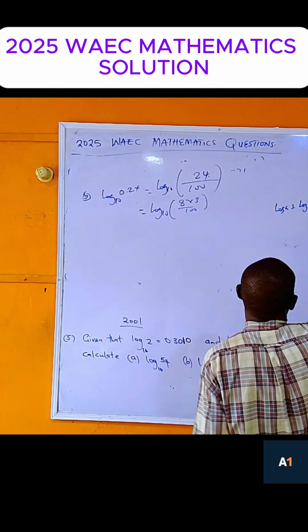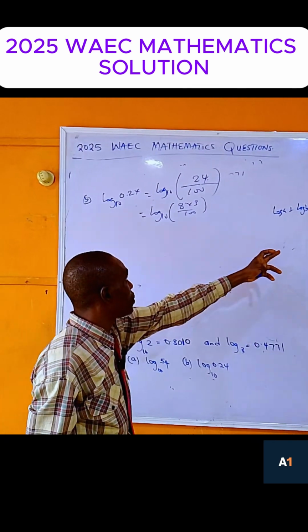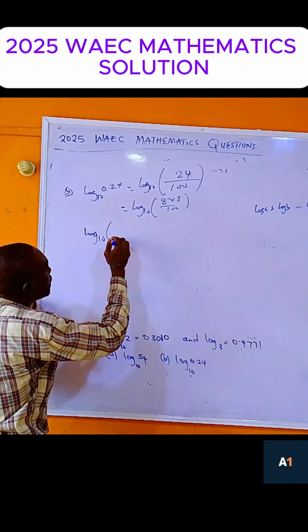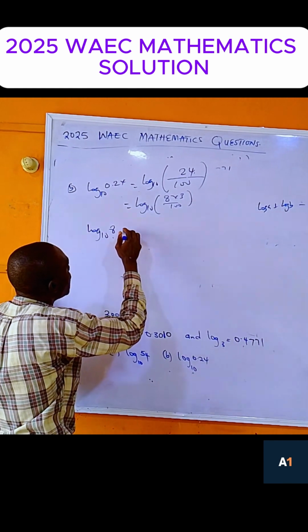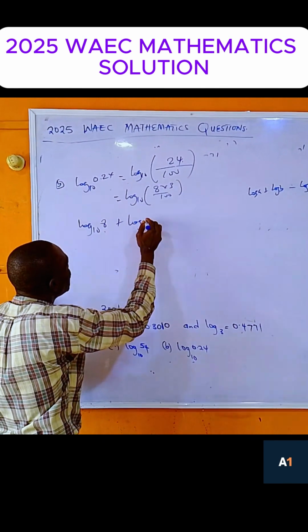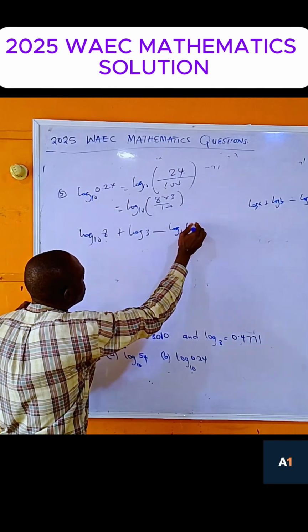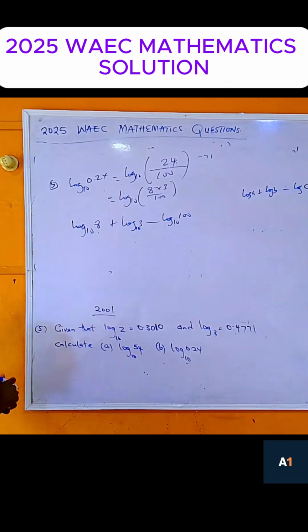Let us assume, because this is multiplication meaning addition, division meaning subtraction. So it will now give us log 8, then plus log 3, then minus log 100. That is how it will now look like.